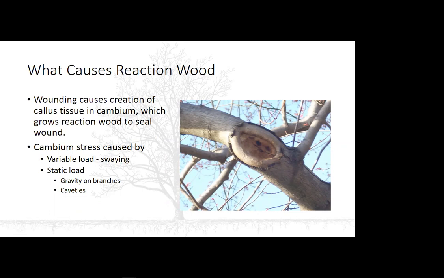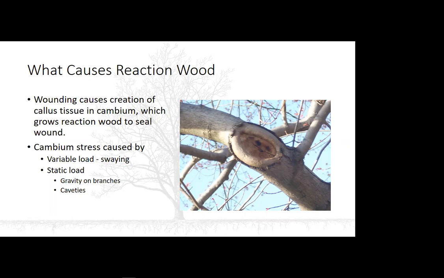One is called wound wood, and this is created by the callus tissue in the cambium. You may hear somebody refer to these lips that you see around a wound as callus tissue. That's not the callus tissue. That's the wound wood. The callus tissue is microscopic, and it is essentially when you wound the tree, you create a hole in the cambium.